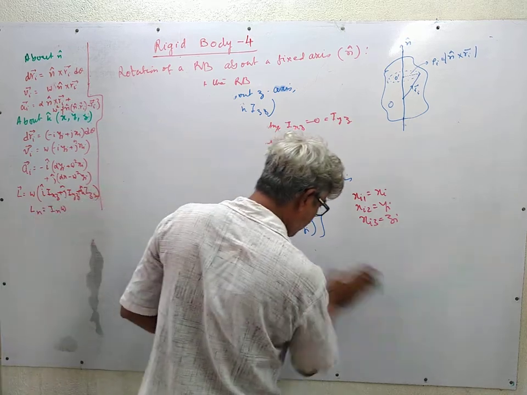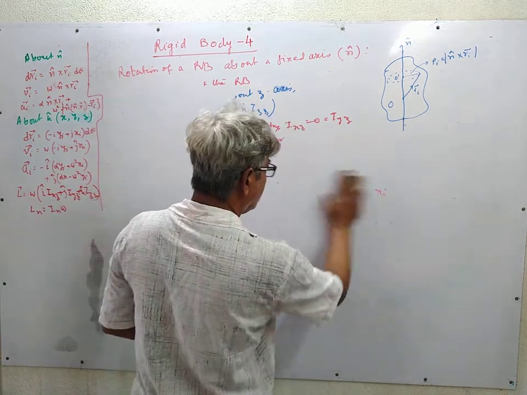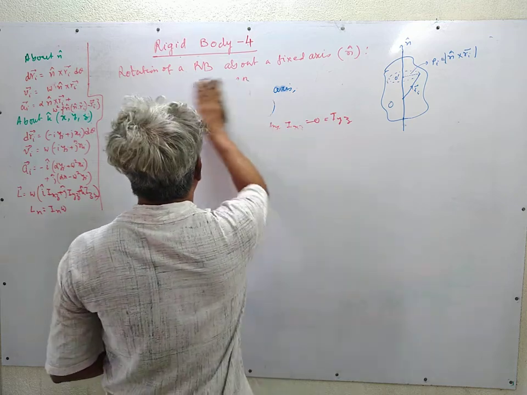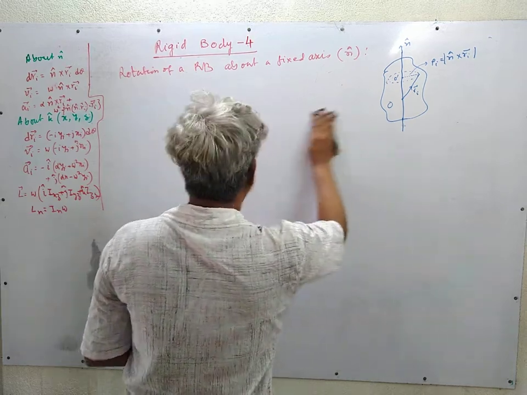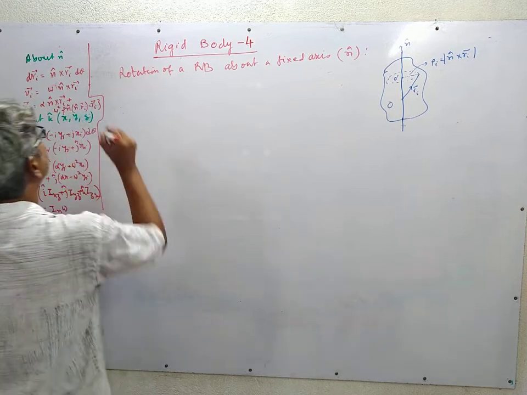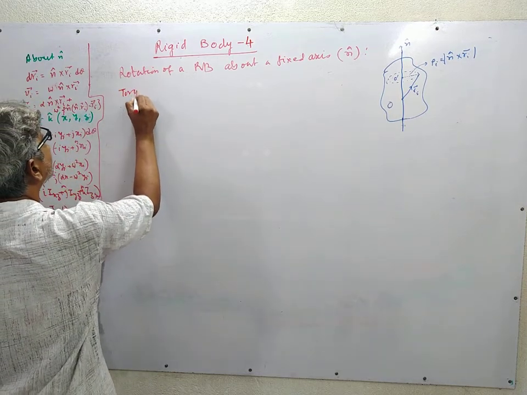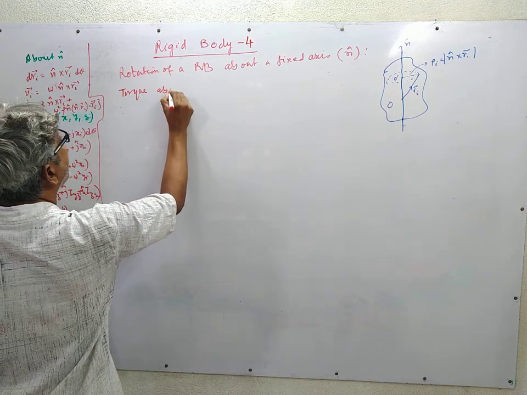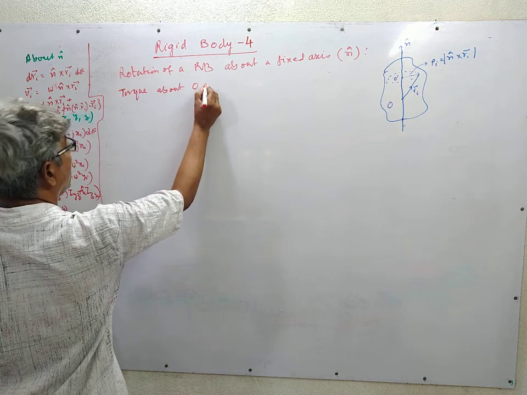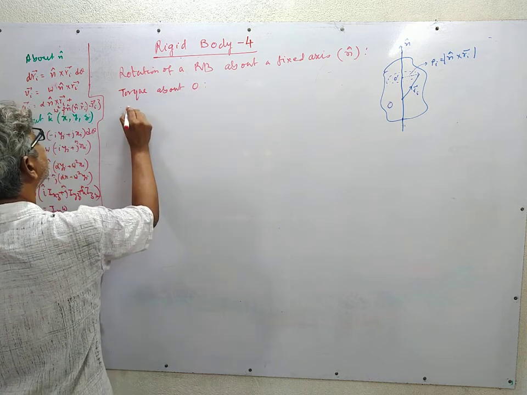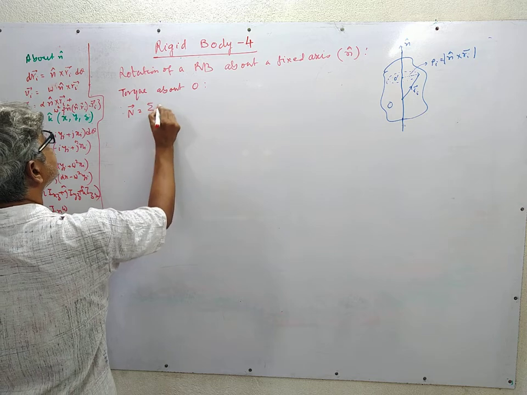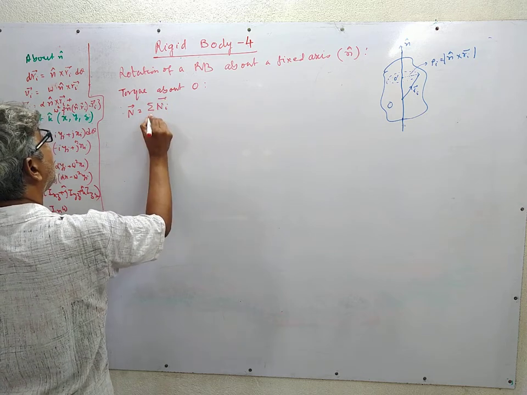If we consider the motion of a rigid body about a point O, then the torque about O, N, is equal to the summation over N_i.